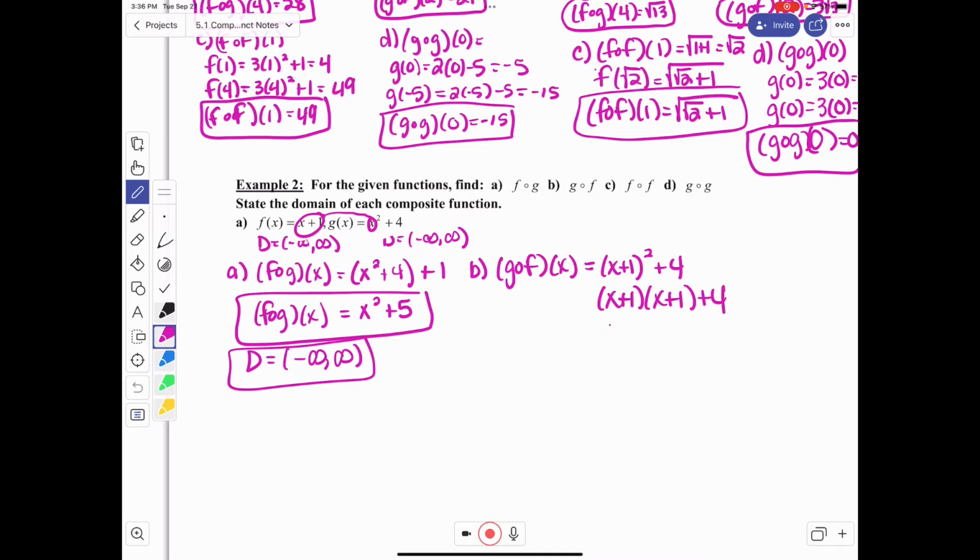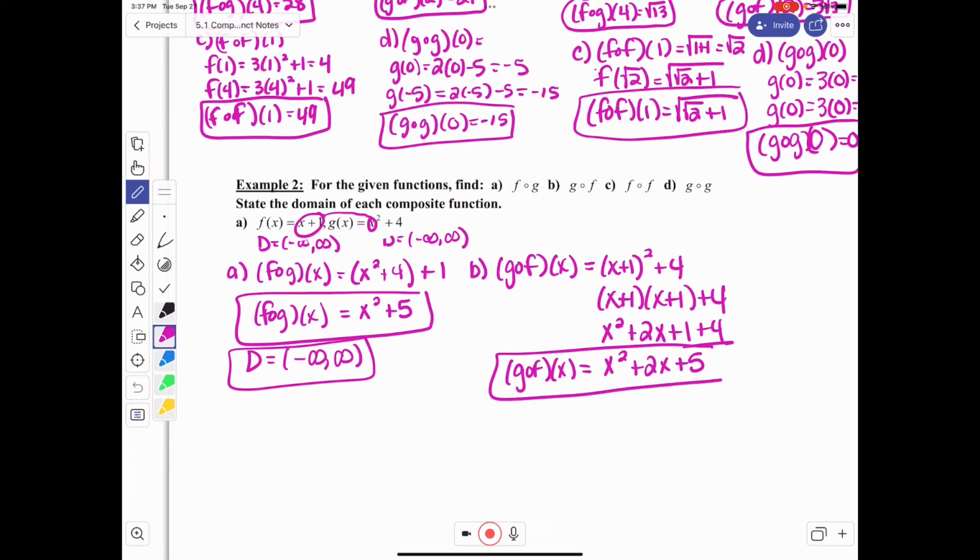Okay, so x times x is x squared, x times 1 is x, 1 times x is x, so I have 2 of those x's, so 2x, 1 times 1 is 1, and then I have my plus 4. So 1 plus 4, I have like terms, so that's going to be a 5. So g of f of x equals x squared plus 2x plus 5. Again, no fractions or radicals, so my domain is negative infinity to infinity.